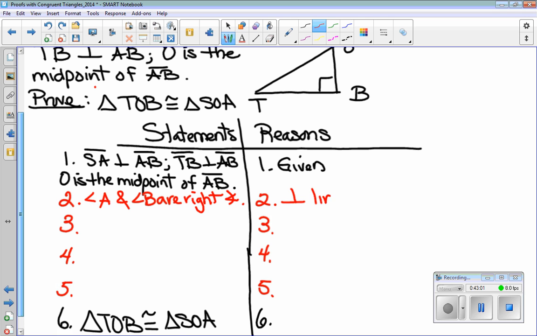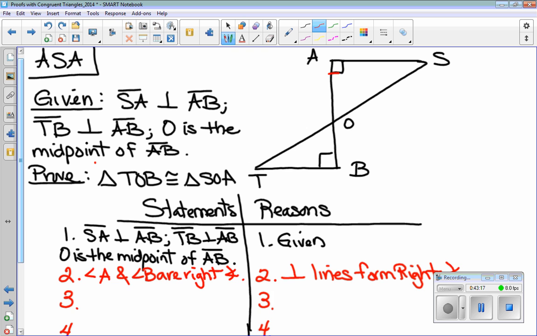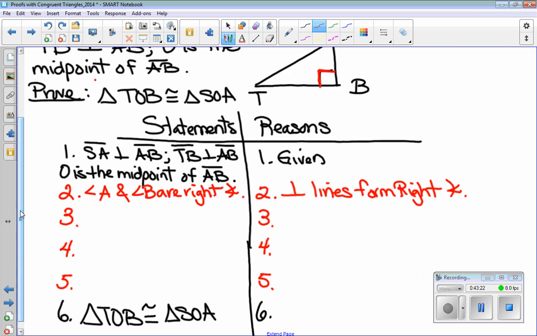Perpendicular lines form right angles. Good. Once I know the angles are right, now I can say that they're congruent to each other. Angle A is congruent to angle B because all right angles are congruent.